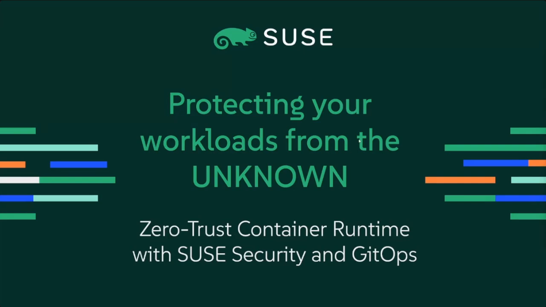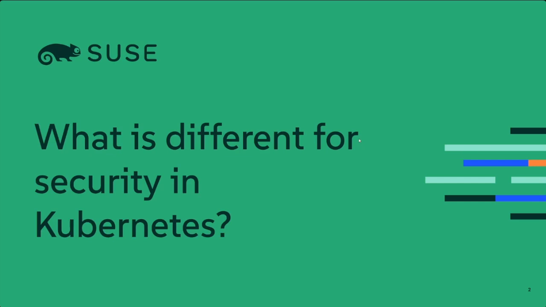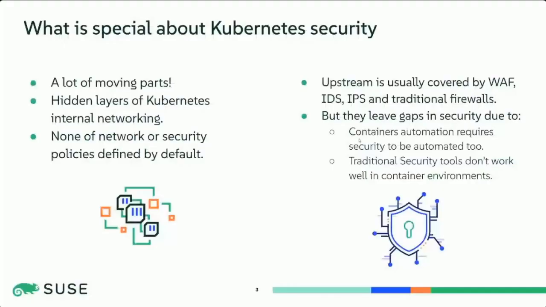So the theme of today is protecting workloads from the unknown. Let's start from the very beginning, where this unknown comes from in Kubernetes environments and why it's even a problem. Security is slightly different for Kubernetes, and the reason for that is pretty simple. Security in Kubernetes is covered through non-standard ways as compared to our data center.